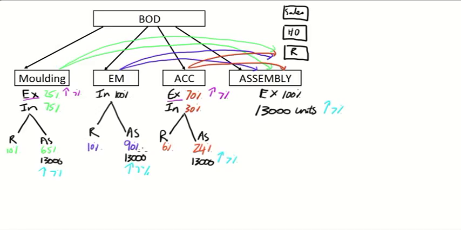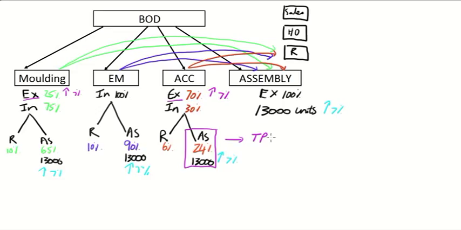And if we look at this structure or this picture that I've drawn here, what we see is that for accessories, our internal transfers to assembly, which is equal to 24% of total production, is equal to 13,000. So we have enough information here to calculate the total production for accessories.